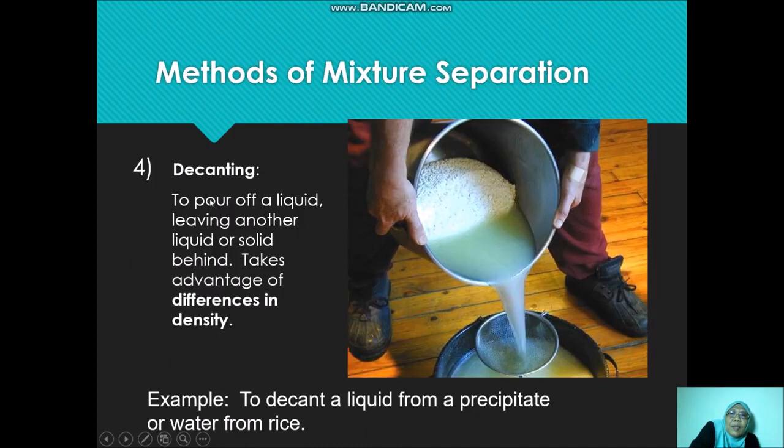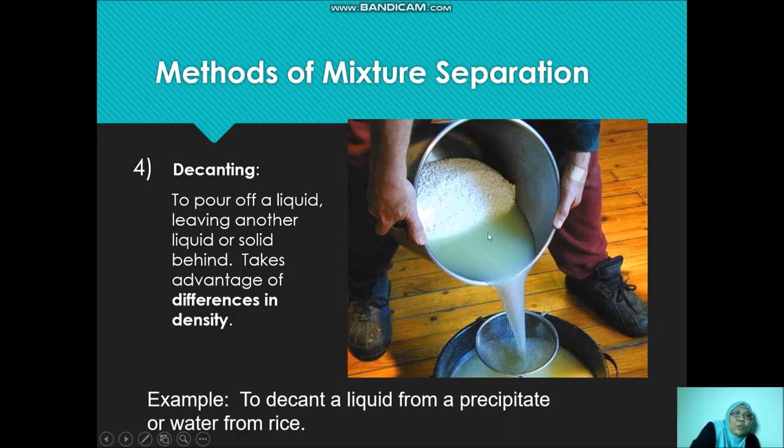Okay. Decanting. Decanting is to pour off a liquid, leaving another liquid or solid behind. It takes advantage of differences in density. You know that if there are two substances with different density, I mean one liquid and the other solid, they will separate from each other. Here there are two layers: the first is solid below and the other is liquid.